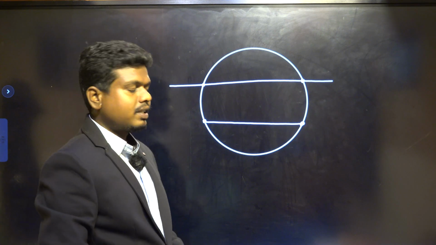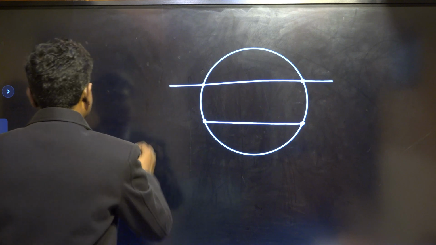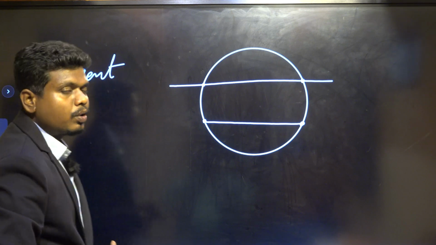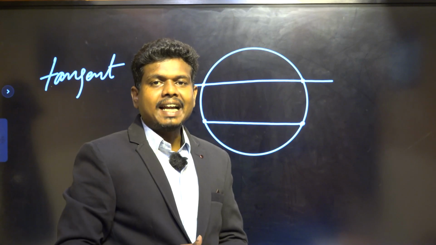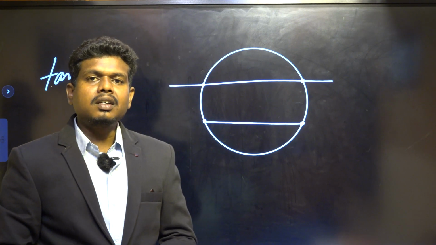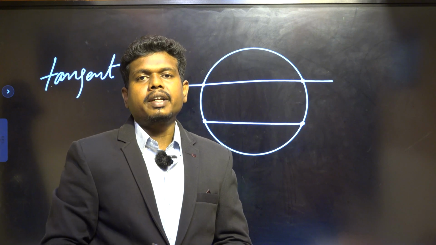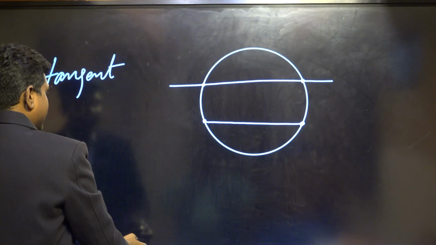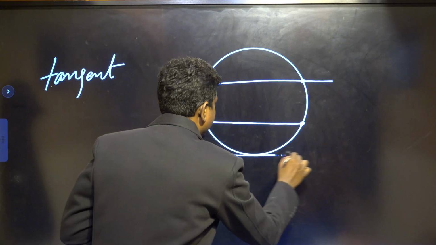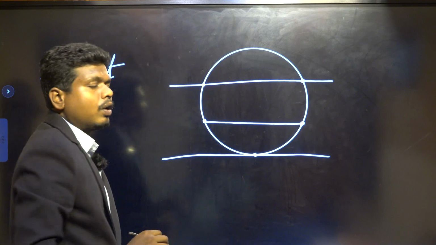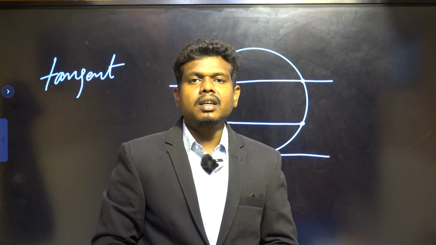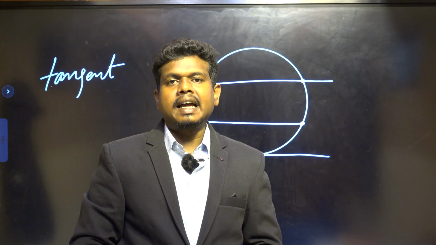Now talking about tangent, that is the most important word in this chapter. We will be discussing tangent throughout this chapter. So a tangent is a line which touches the circle only at one point, which means a tangent will lie outside the circle and it will touch the circle only at one point, whereas a chord and secant touch or cut the circle at 2 points.